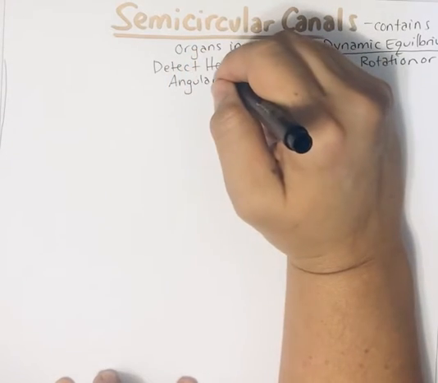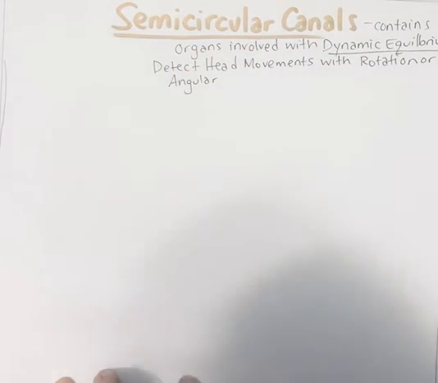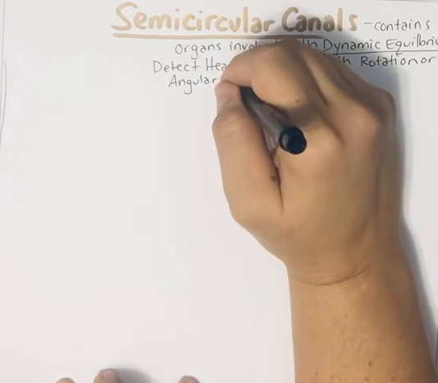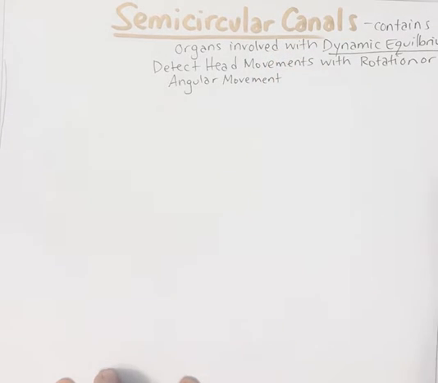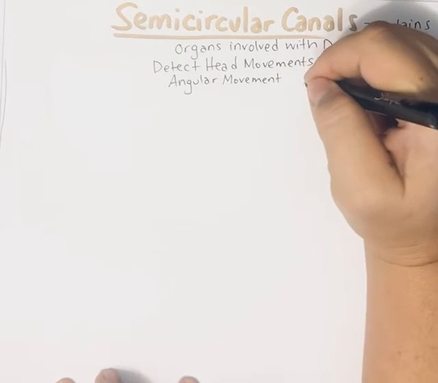Now, when we talk about rotation movements, it's going to be like when you're spinning a chair. That's dynamic equilibrium. So you're going to have balance when you're spinning in a chair. Angular movements is when you're sitting in a car and you can feel that you're moving forward. So on a roller coaster, when you're moving forward, that's an angular movement. So angular movements are linear movements.